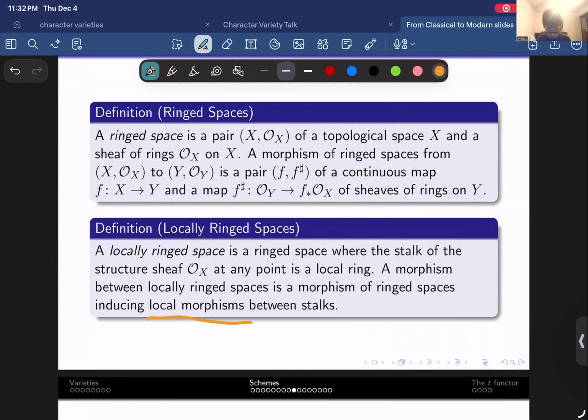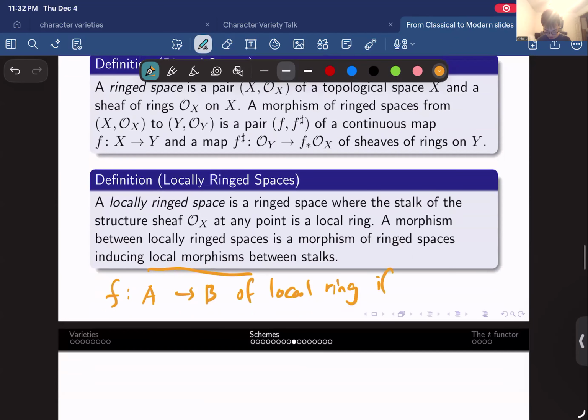For example, I call a map F from A to B of local rings a local morphism if F of the unique maximal ideal of A is a subset of the unique maximal ideal of B.